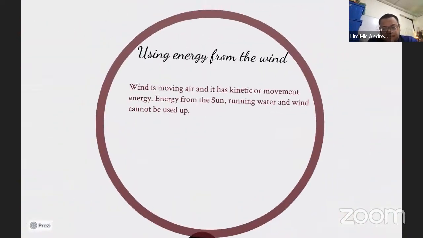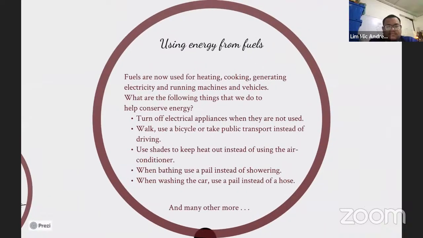Now, apart from sun, water, wind, we also use energy from fuels. Fuels are used for heating, cooking, generating electricity, and running machines and vehicles. So how can we actually save energy? Energy from fuel is not forever.